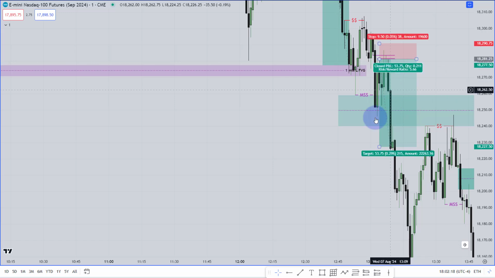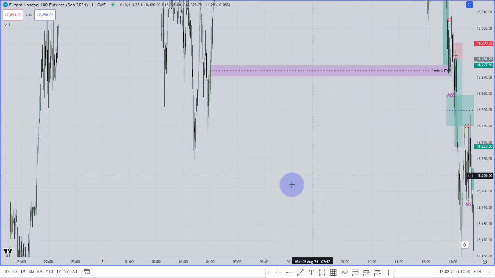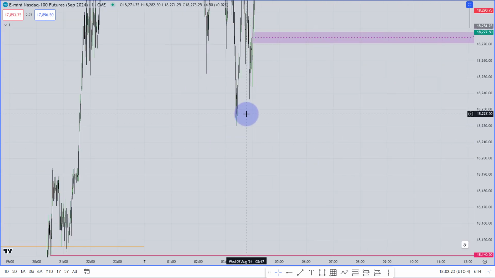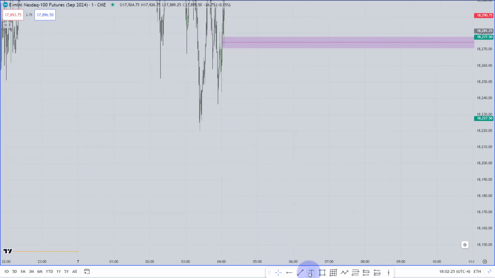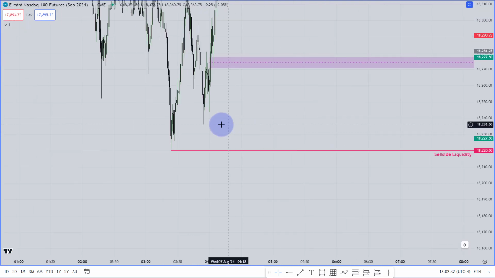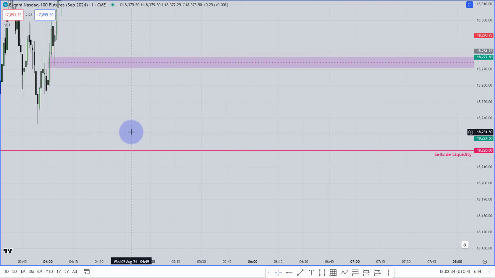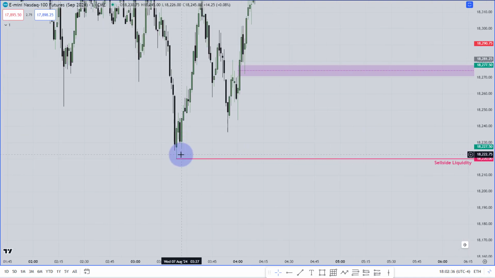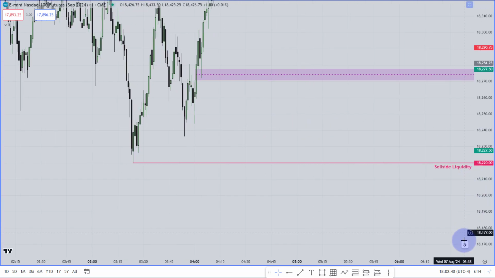Now, where is going to be your target profit? See this low, that low, they are relatively equal lows. I'm going to mark those relatively equal lows over there, around that area. If you don't want to mark these two lows, you can mark these two lows as well. It's up to you where you would love to target.